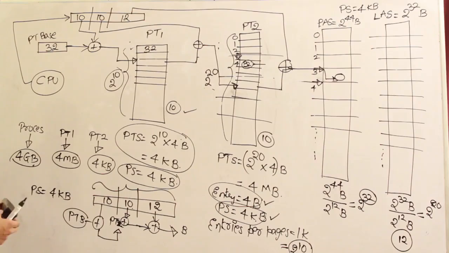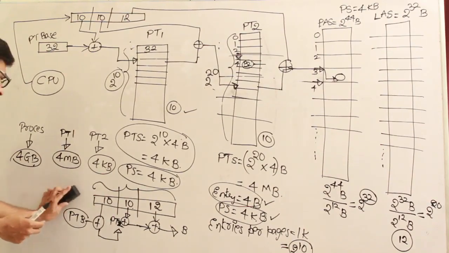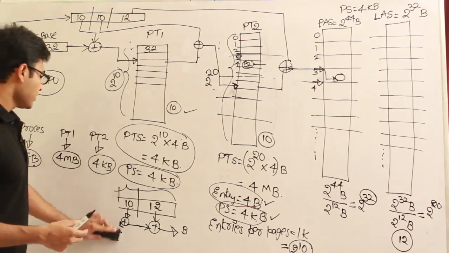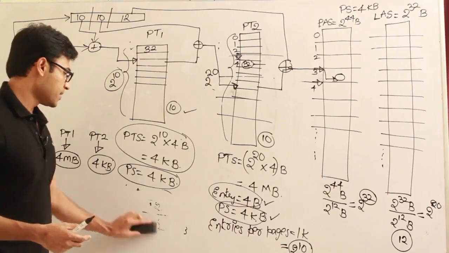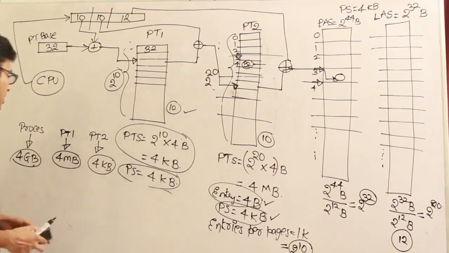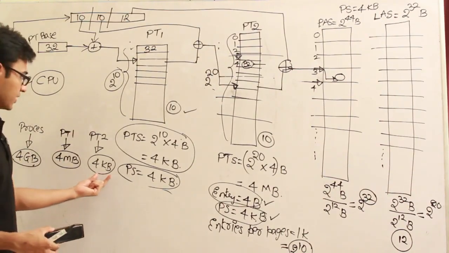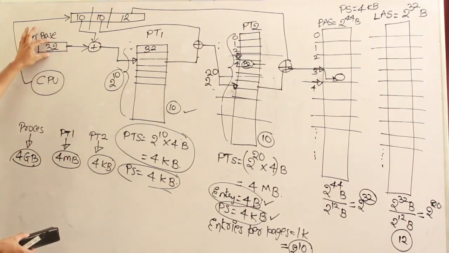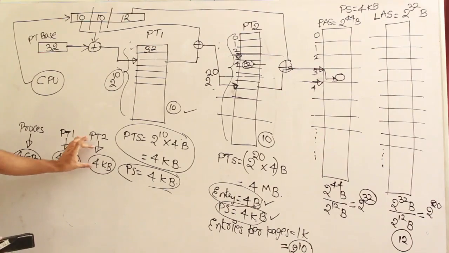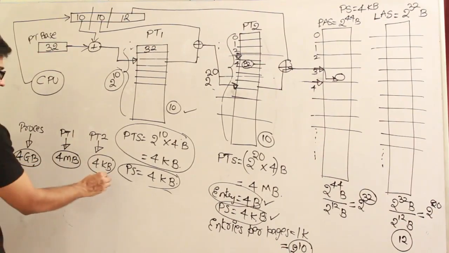Okay, so finally, in order to run this process, what is actually required? One thing that is required is the page table base, which gives the frame containing the outermost page table, right? So definitely this register is required, and one page, the outermost page table, should always be present.